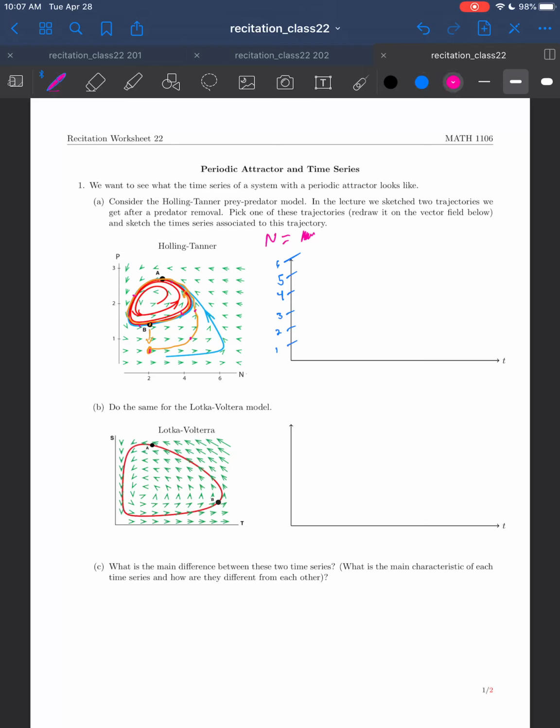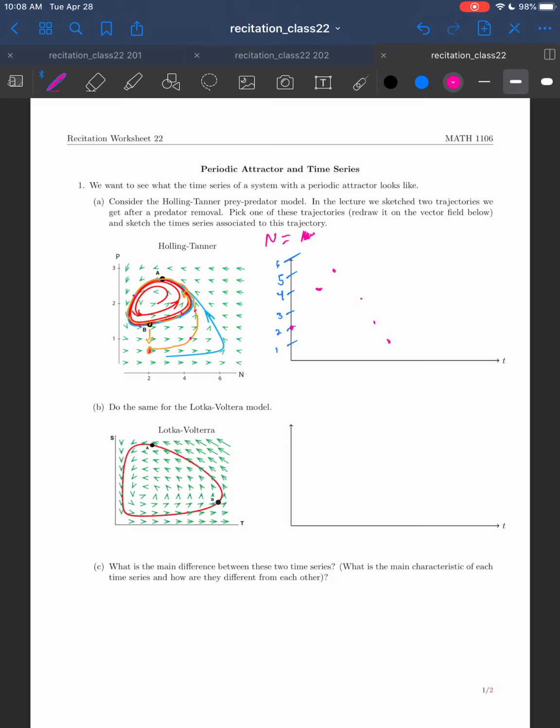Okay, and so then for N, where we've started the trajectory is about at 2. Then we're going to increase until we're at 4, and then we'll probably peak around 5. And then we're going to start decreasing again. So we're going to come down, we're going to get back to 2, and then we're going to go even further.